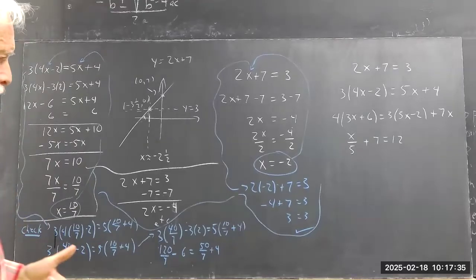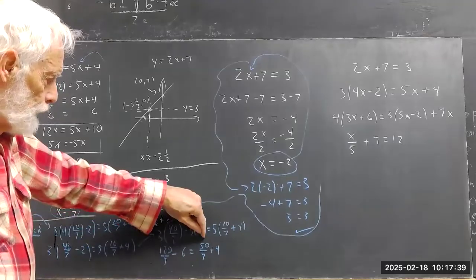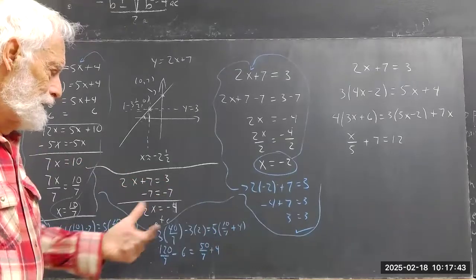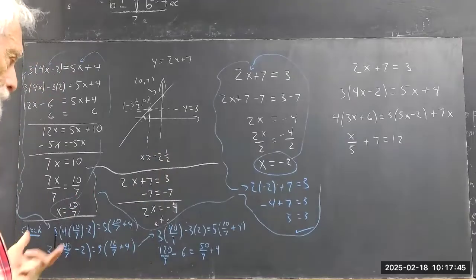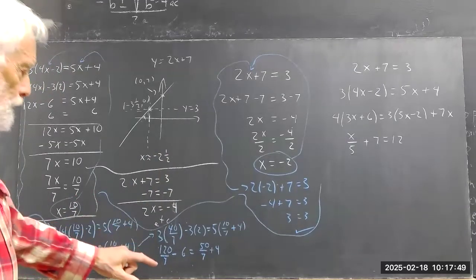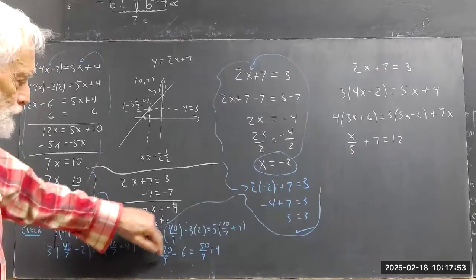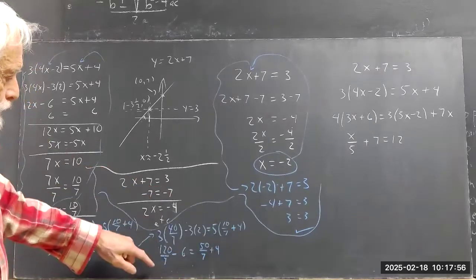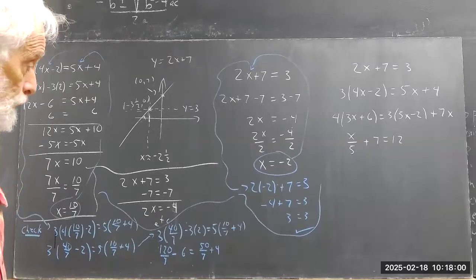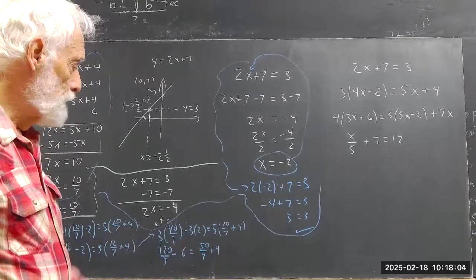It would be pretty easy to subtract like 50/7 from both sides and add. The easiest thing to do is multiply both sides by 7.